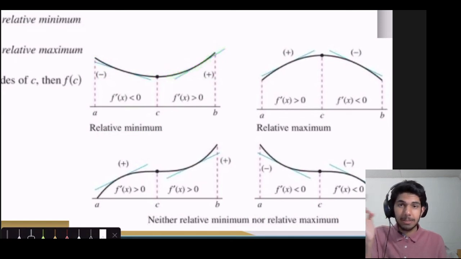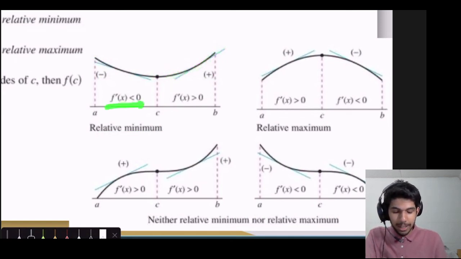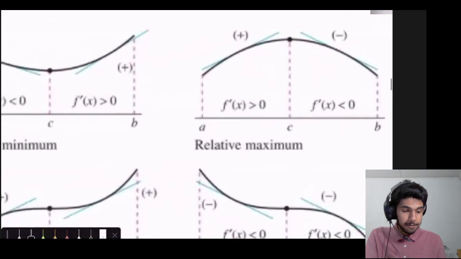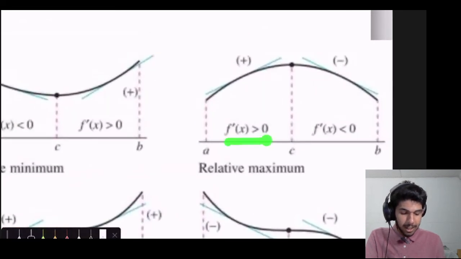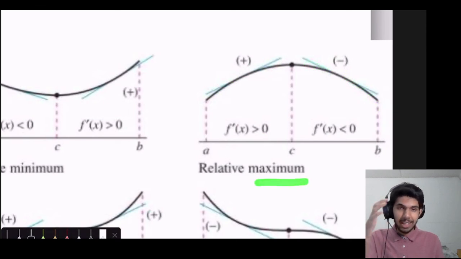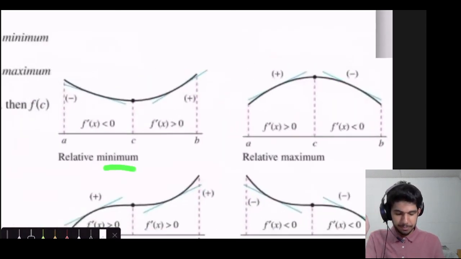The first derivative is positive. So it goes from negative to positive, which means that c is a relative minimum. If, instead, we go from positive, these tangent lines are all positive, to negative on the right, then c is a relative maximum. So think about it, maximum is like a hill, minimum is like a valley.